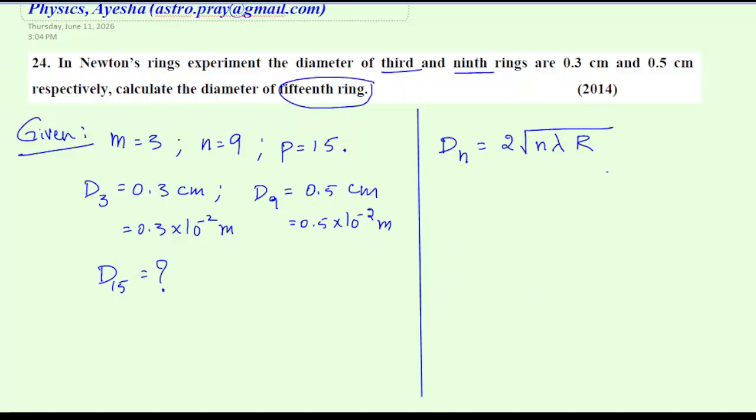Now that we are given the diameters of two rings and we are supposed to find out the third one, we don't know the value of R, right? So let's take two values together and find out lambda from there.